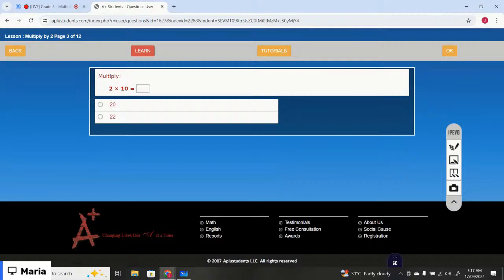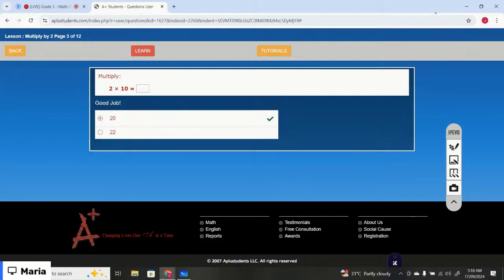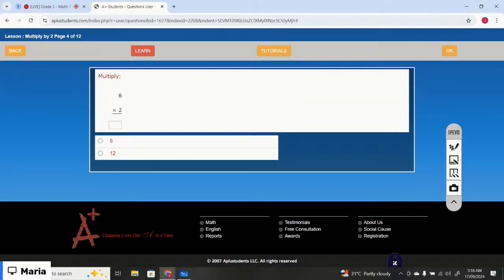Again, the next one is 2 times 10. So, which is the correct option? The correct option is 20. Option number 1 is the correct option. The next one is 2 times 6. So, which is the correct option?